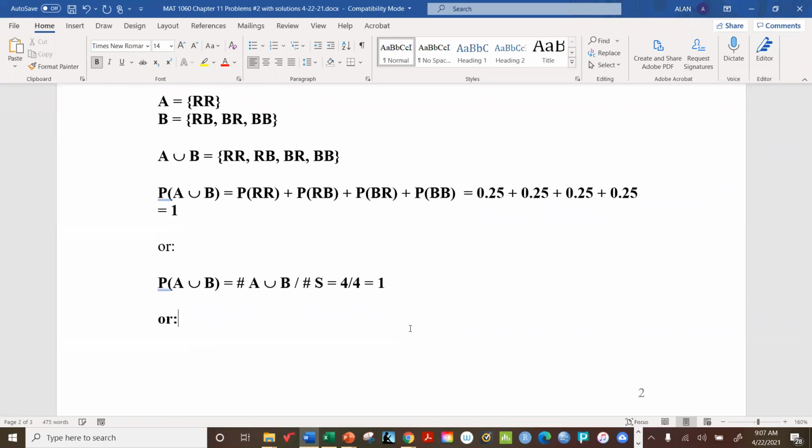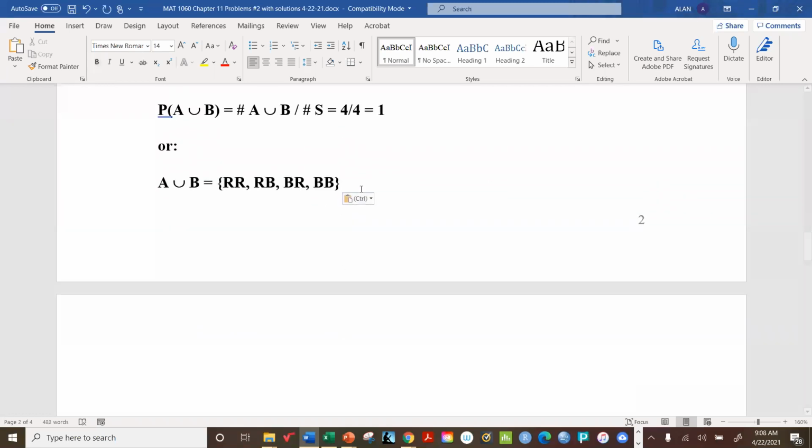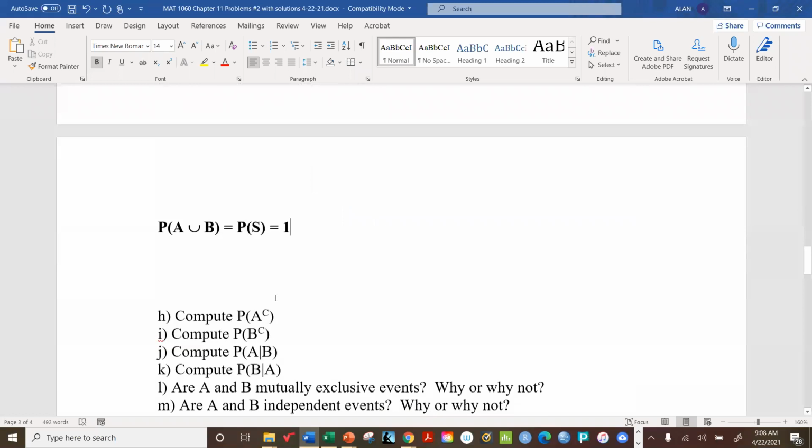Or another possibility is to say, all right, well, the union is the entire sample space. And of course, that means that the probability of this union equals the probability of the sample space, which is defined to equal 1 by the axioms of probability. Okay, so those are all 3 options you could use.